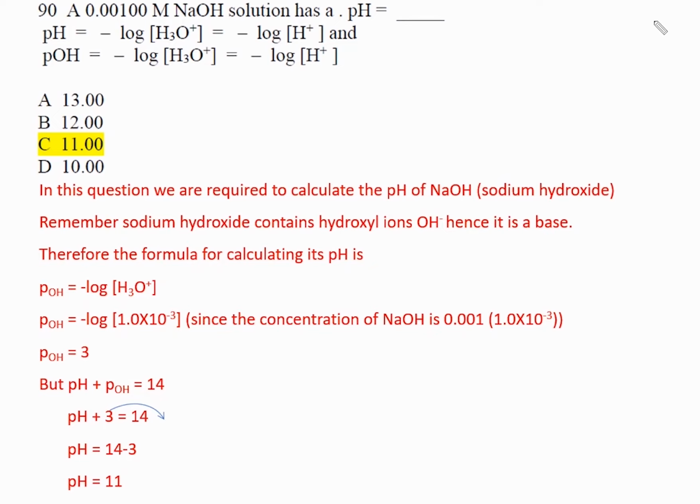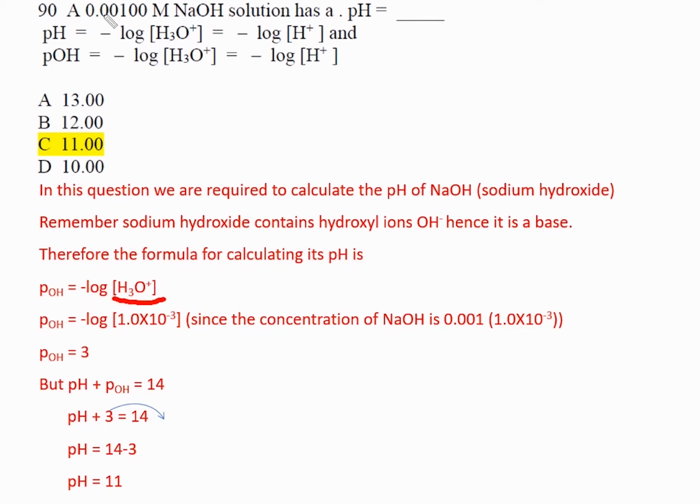Question 90. We have 0.001 molar sodium hydroxide solution, and we are expected to calculate its pH. Remember, sodium hydroxide contains hydroxyl ions, so it's a base. Therefore, the formula for calculating its pOH is given as pOH is equal to negative log of the concentration of the hydroxide ion.